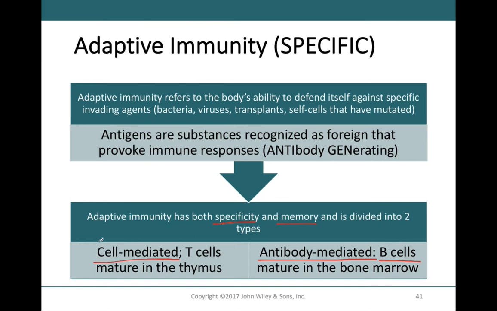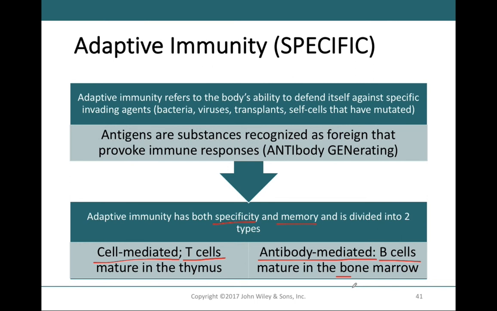The cell-mediated immune system, on the other hand, is directed by our T cells, and both T cells and B cells will mature in different places. The B cells will mature in the bone marrow, which is where the rest of our blood cells are going to be formed. The hemocytoblast that exists inside of our body's red bone marrow will produce the B cells, and they'll mature in the bone marrow.